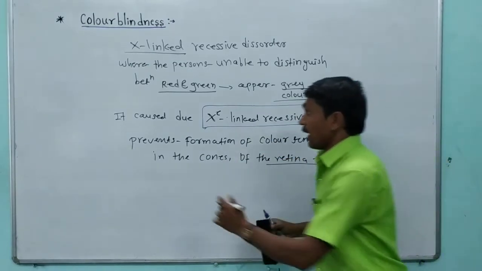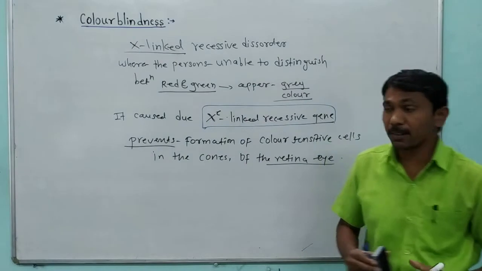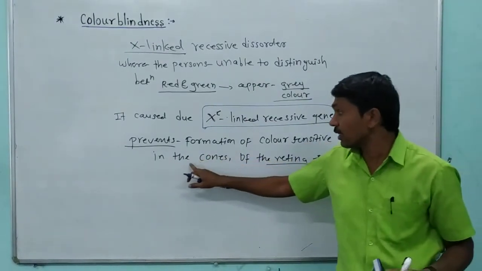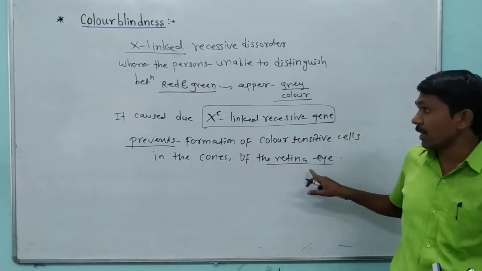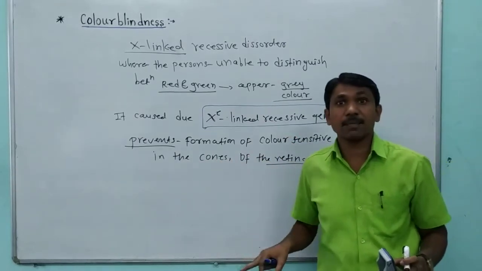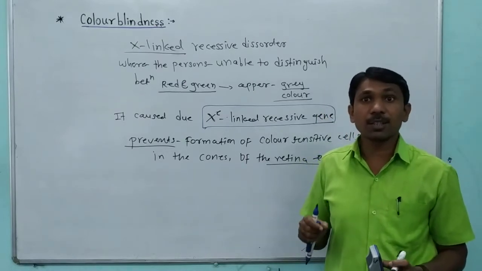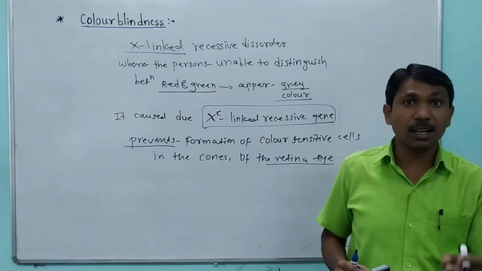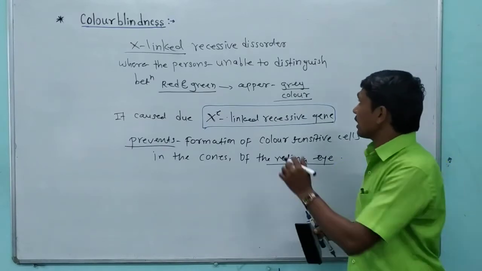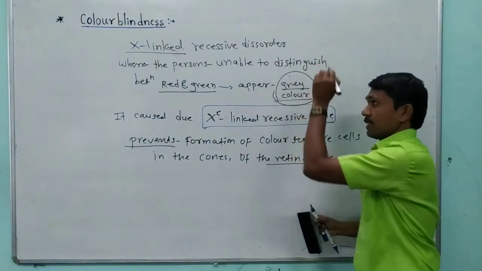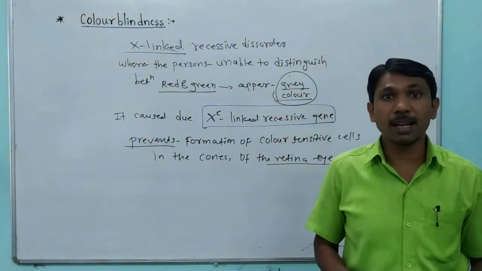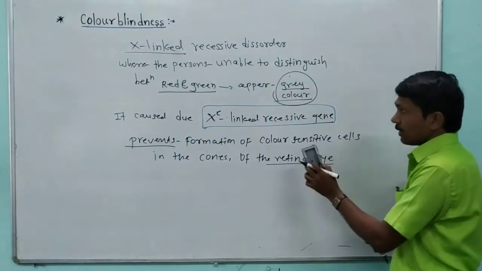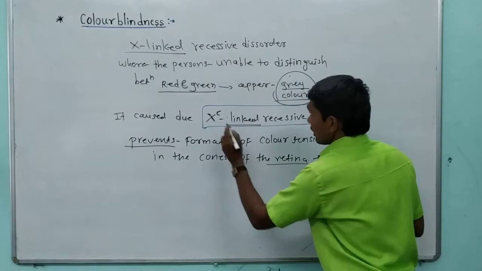Okay, and it prevents the formation of color sensitive cells in the cones of the retina of the eye, and that's why the person is unable to distinguish between red and green color, and both colors appear as gray. That is called color blindness. In this disorder, it is X-linked recessive.